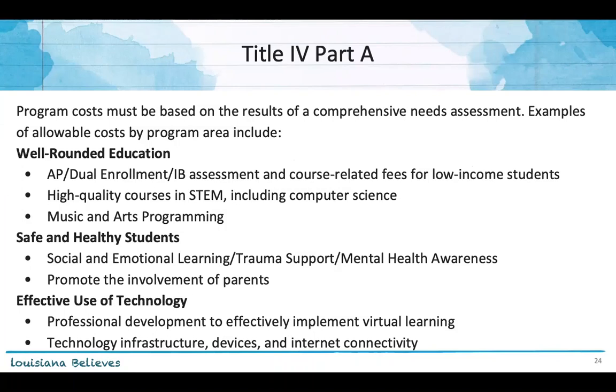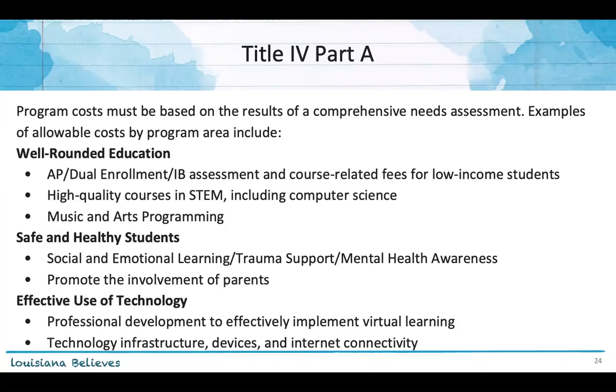Allowable costs for well-rounded education may include AP, dual enrollment, IB assessment, and course-related fees for low-income students, and high-quality courses in STEM, including computer science, music, and arts programming.